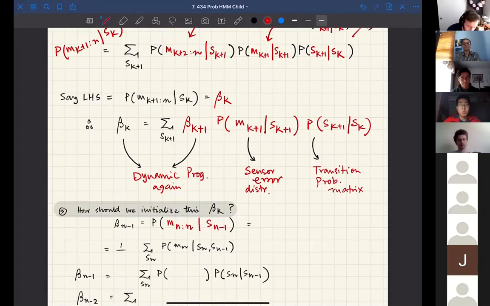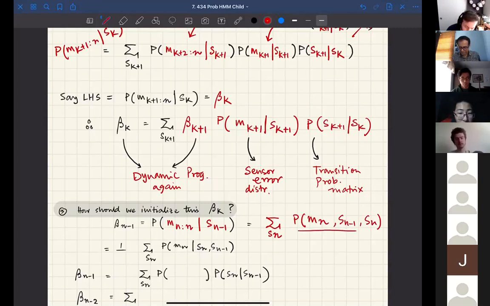Perfect. Good. How do I get that? Now I need to massage. This is basically the sum over sn of p of mn, sn minus 1, sn, divided by, what is it divided by, guys?